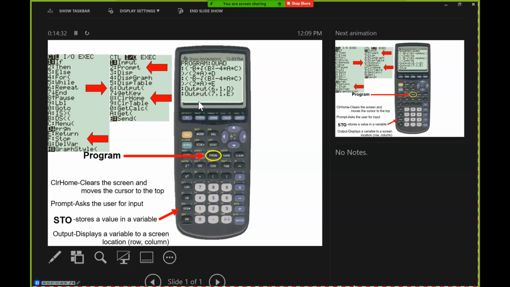How do you get that output part? So you press program and then move over to the IO tab. And I think output is command 6. Thank you. You're welcome.